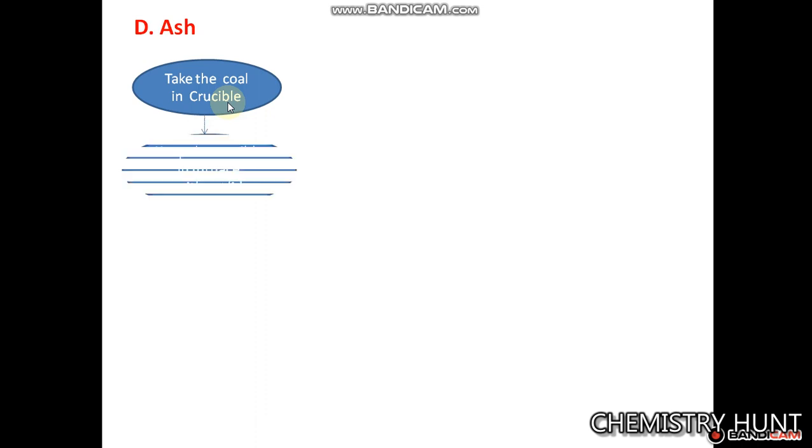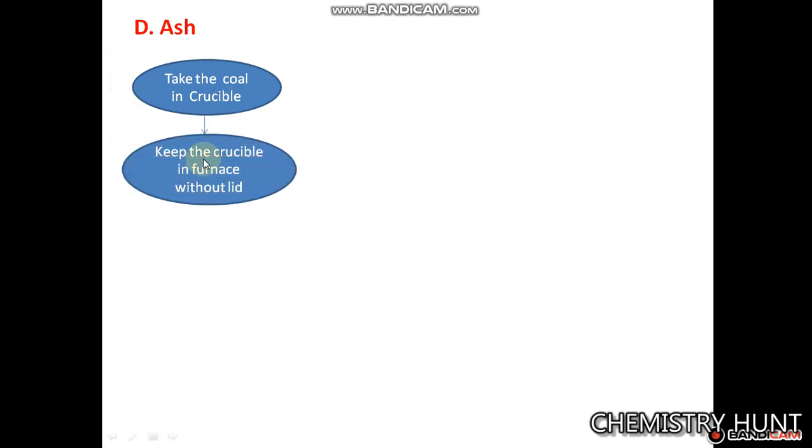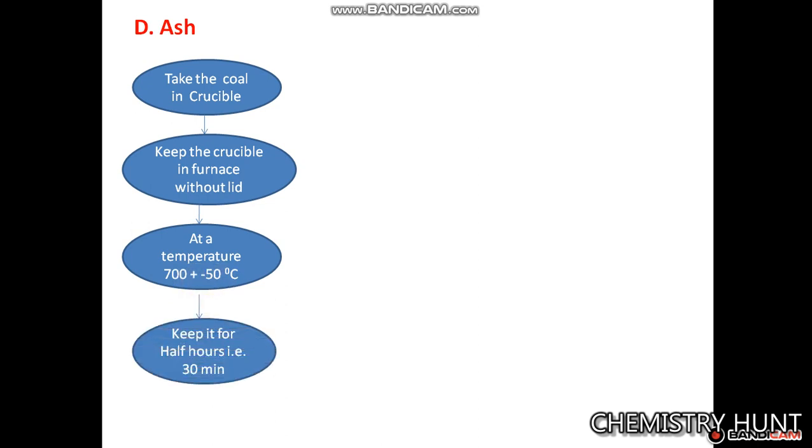Now, the next is the ash. For that, take the coal in a crucible, then keep the crucible in the furnace without lid, means it is uncovered. The temperature there is 700 plus minus 50 degrees Celsius. We are going to keep the crucible for half hour, that is for 30 minutes. Cool it in a desiccator, and then we are going to take its weight.